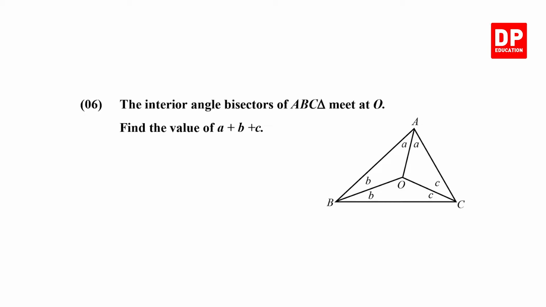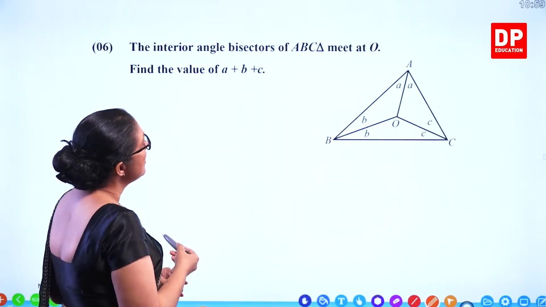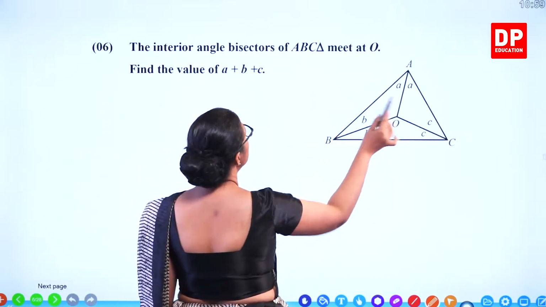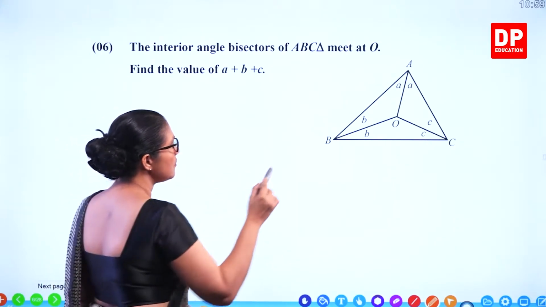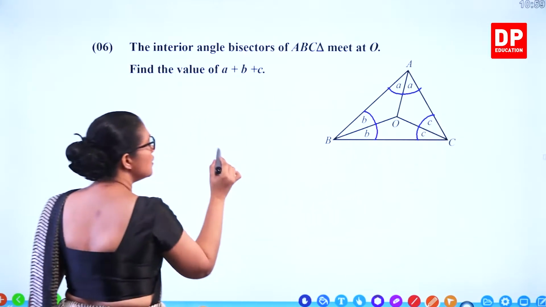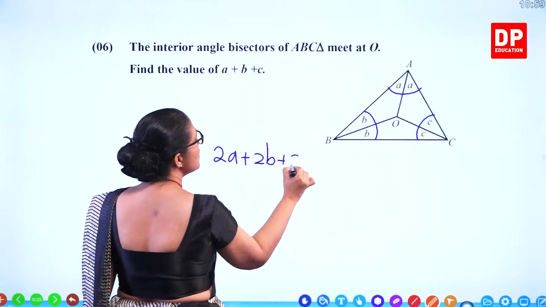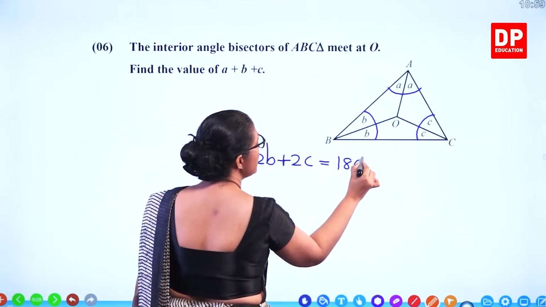Question number 6. The interior angle bisectors of triangle ABC meet at O. So all these are equal. Find the value of A plus B plus C. We know these are the angles in a triangle. So 2A plus 2B plus 2C is equal to 180.